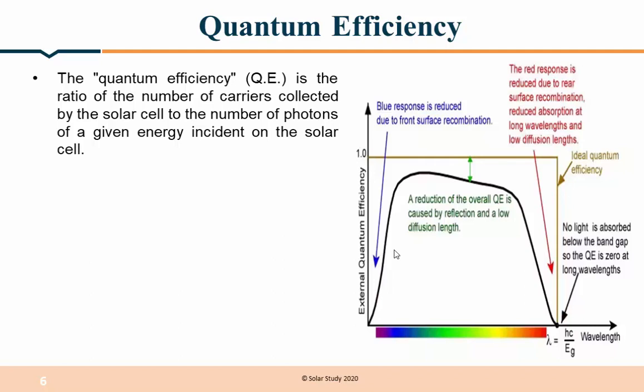Okay, the quantum efficiency is the ratio of the number of carriers collected by the solar cell to the number of photons of a given energy incident on the solar cell. See, it is nothing but a ratio. If more carriers are collected by the solar cell, that leads to more incident photons.